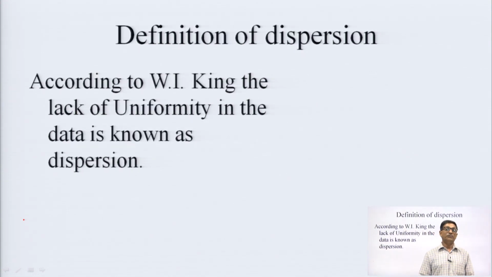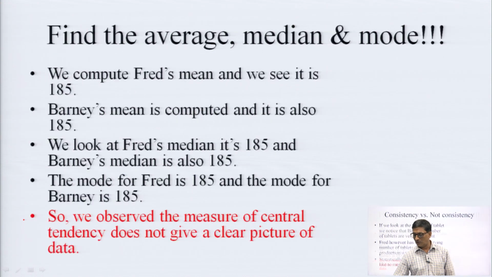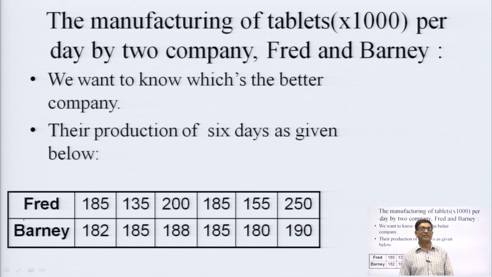So, we see in this example that there is non-uniformity in the data, that means all the values are not uniform. According to W.I. King, the lack of uniformity in the data is known as dispersion. So, this variation in both data sets is because all values are not equal or the same.